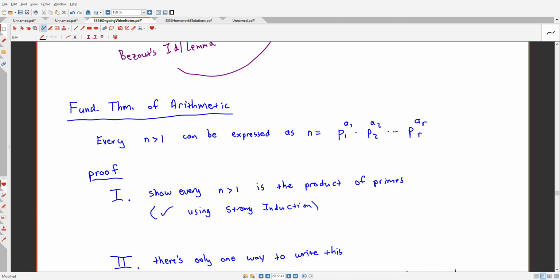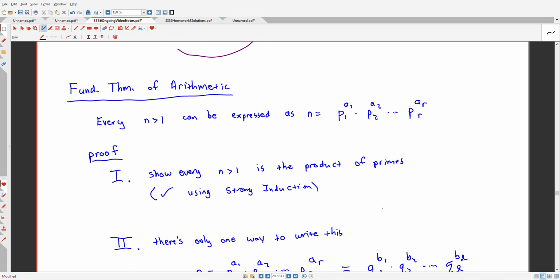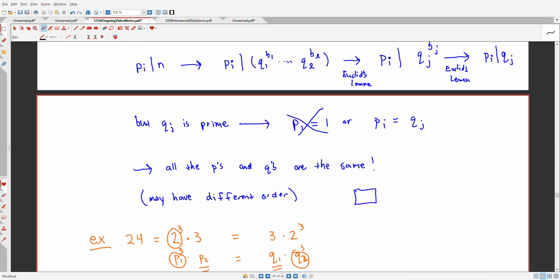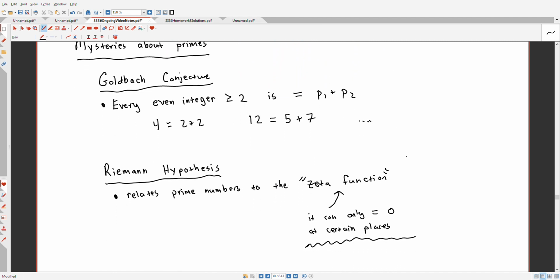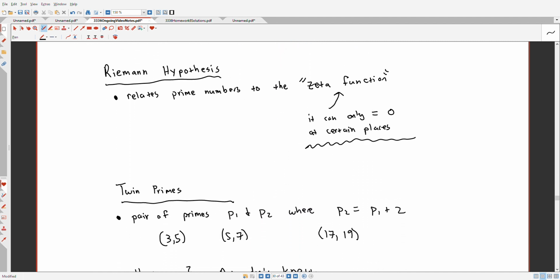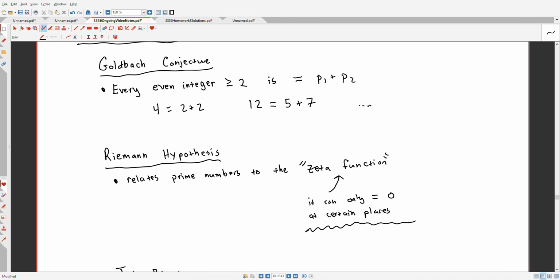And so they play a really, really important role, right? And so it's really strange that there's so much about prime numbers, like I just mentioned these 3 mysteries, that we don't know.